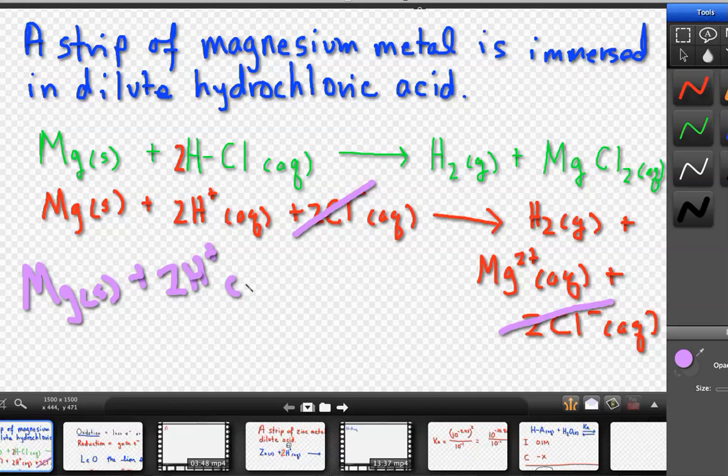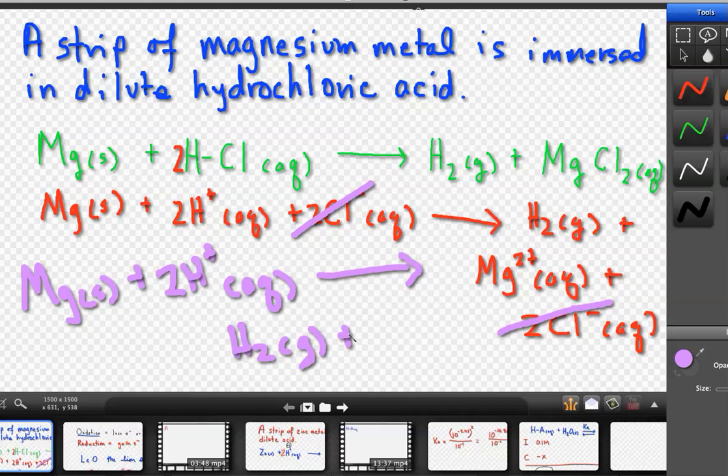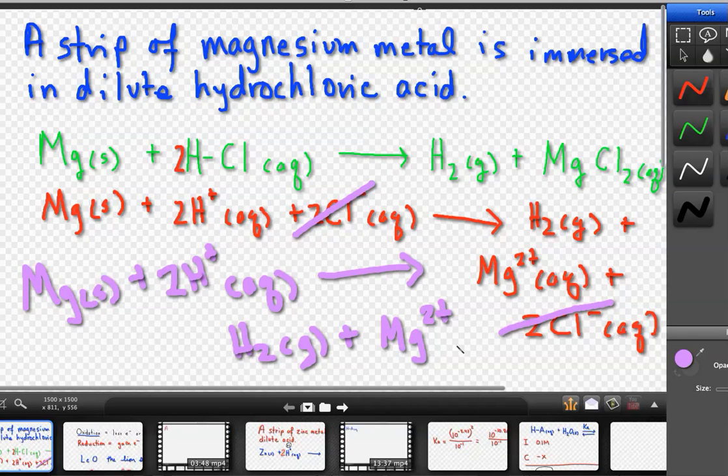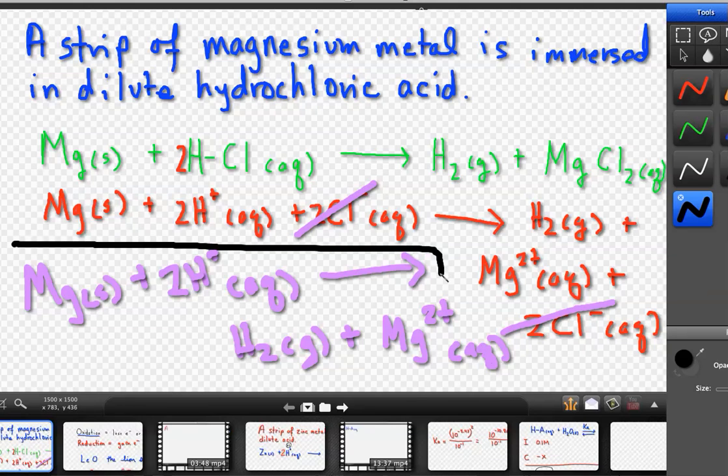This, of course, will be aqueous. Produces H2 gas plus Mg2 plus aqueous, which will give me my net ionic equation.